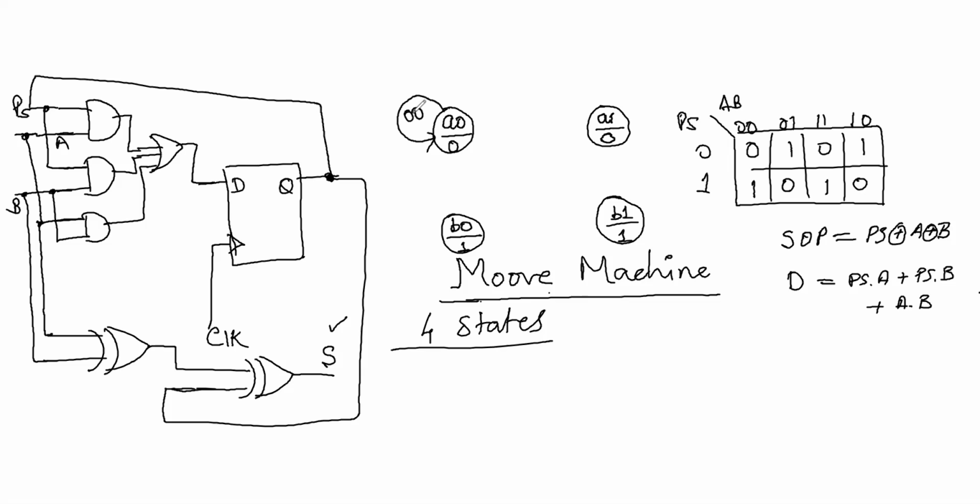If you get a 0, 1 or 1, 0, your sum will be 1, but your partial carry will be 0. So this is the state for 0.